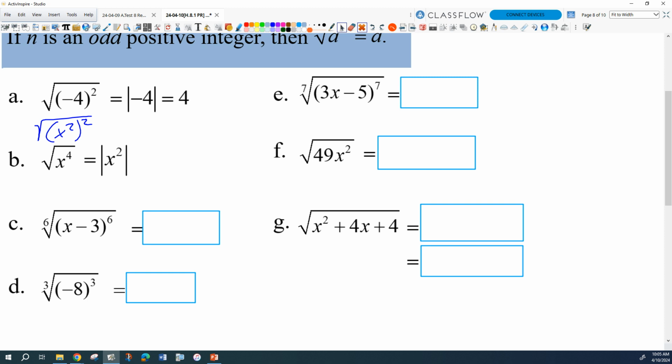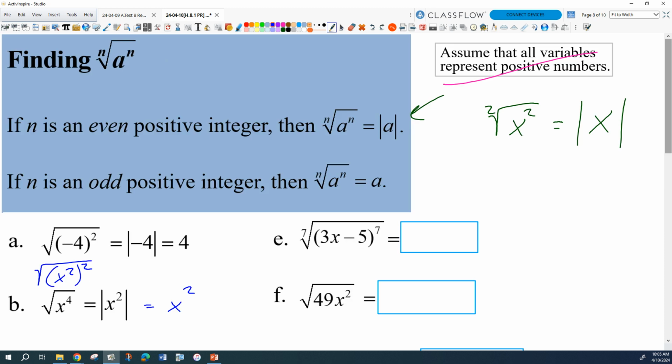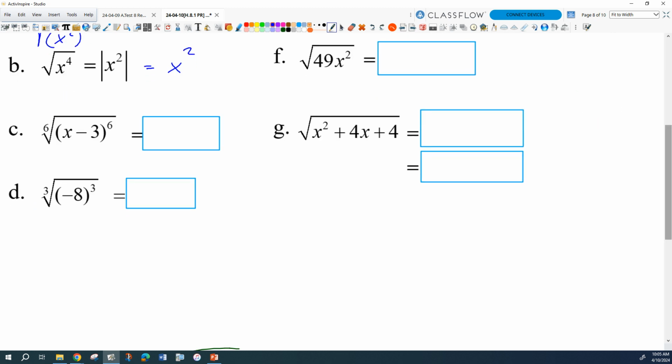So you could simplify this one down to x squared, because x squared is always a positive value, regardless, if you're talking about real numbers, right? Any value you substituted into x, positive or negative, is going to give you a positive outcome, right? So we still don't have to make any assumptions here. Even a negative number squared is positive, so we don't need the absolute values. Okay? That makes sense? Okay.